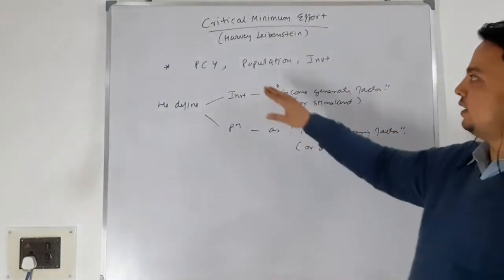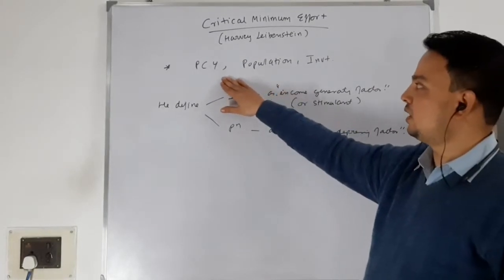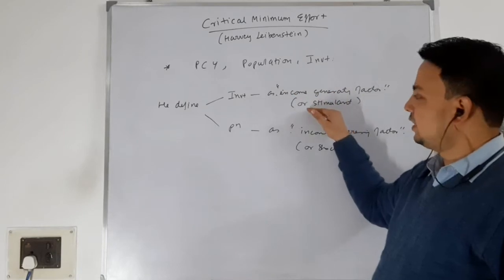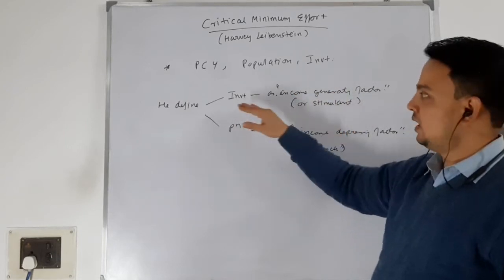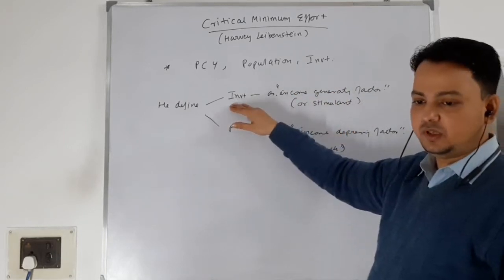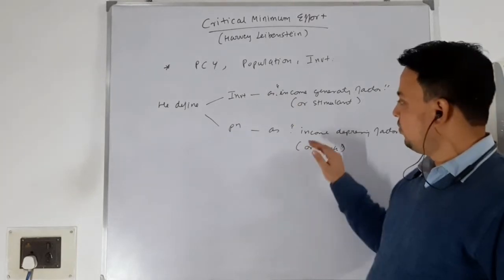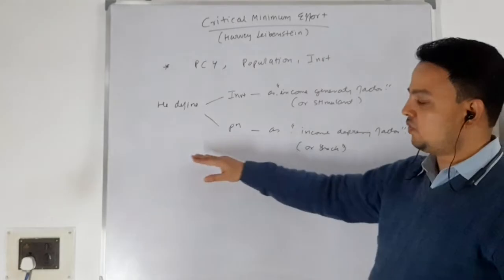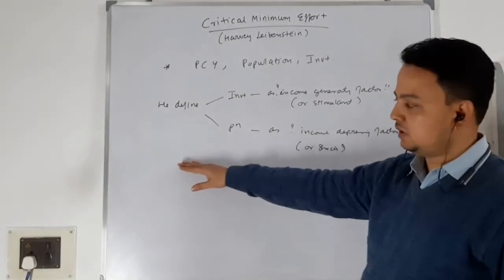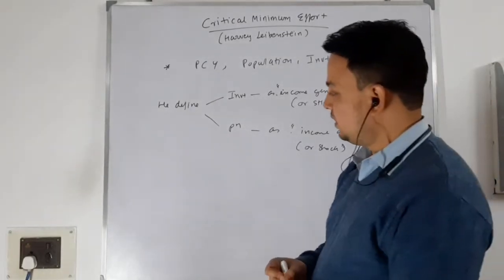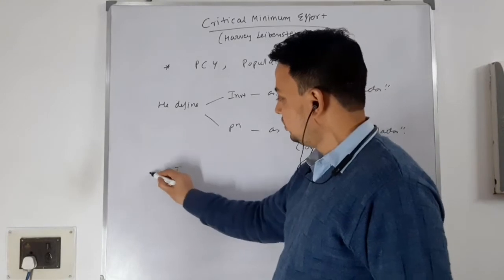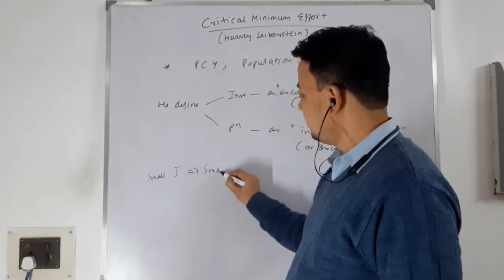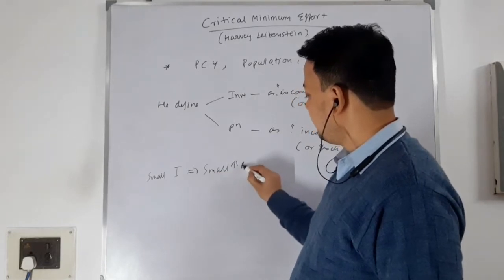So what is he looking at? He is looking at the relationship between per capita income, population, and investment. We have the income generating factor, and investment is considered to be the income generating factor. We have the income depressing factor, and that is population growth. So when we make a small investment, it will lead to a small increase in per capita income.